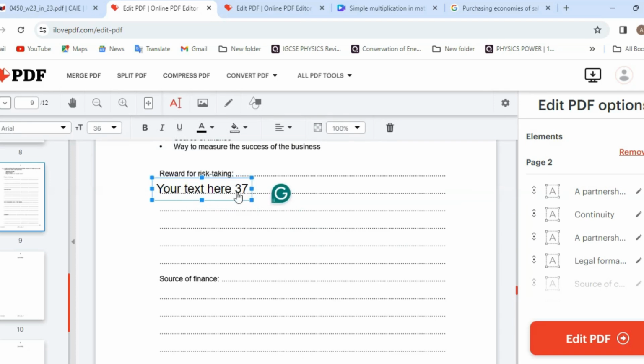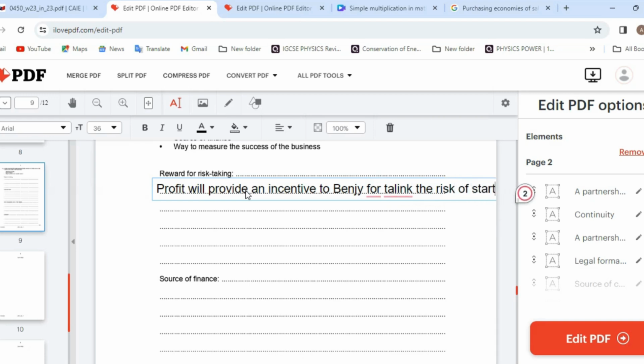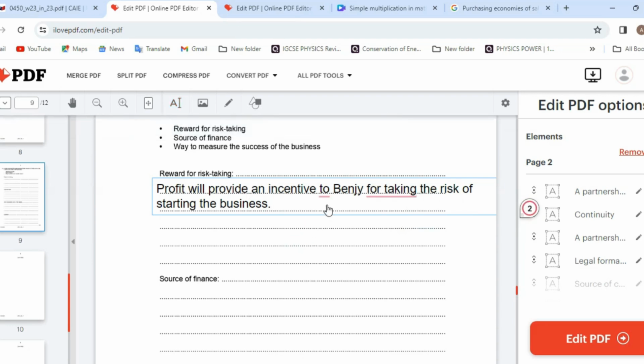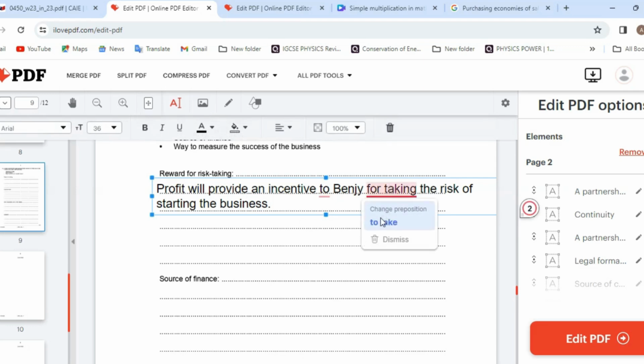As a reward for risk taking, profit will provide an incentive to Benji, his father and his sister, for taking the risk of starting the business.